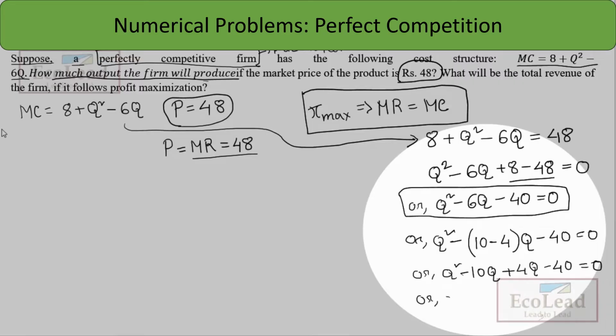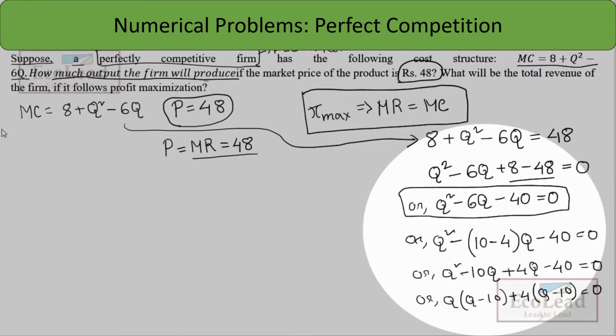Let us take q common from the first two terms, so it will be q into q minus 10, and if we take 4 common from the other two terms, we can write 4 into q minus 10.